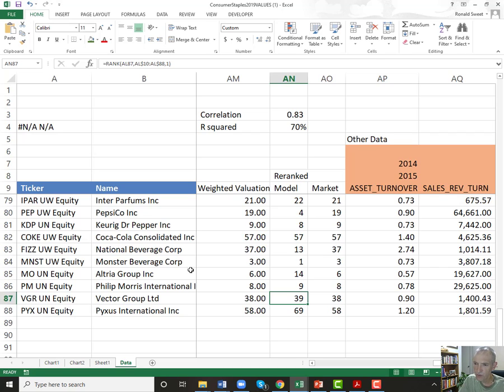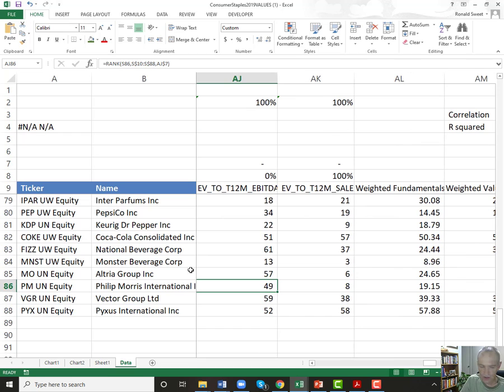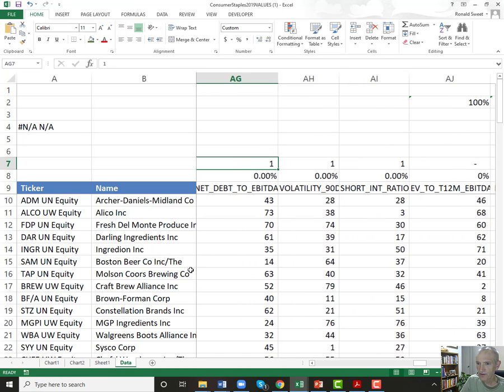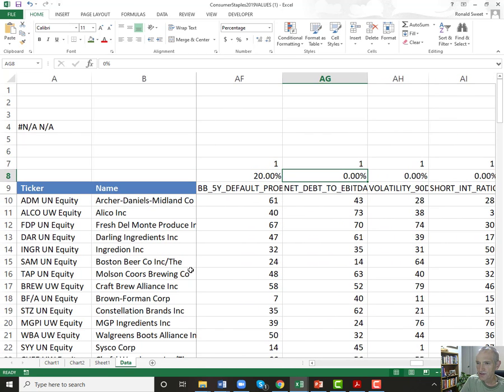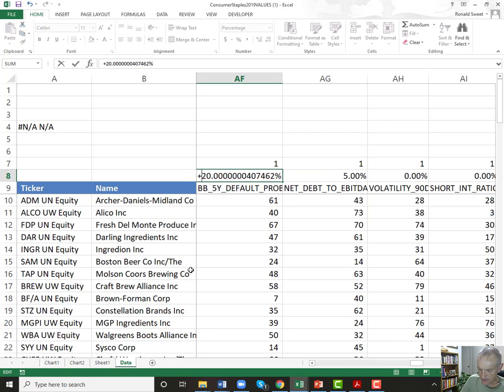You define what's important to you, but the first thing you run is the highest R-squared you can, so you can see what the market is telling you, what they think is important, and then you adjust that for what you think is important. And that's somewhat what we did. We could actually go back and still change these weights if we wanted to. We say, okay, there's no debt to equity, so I'm going to add 5% here and take that out of here.